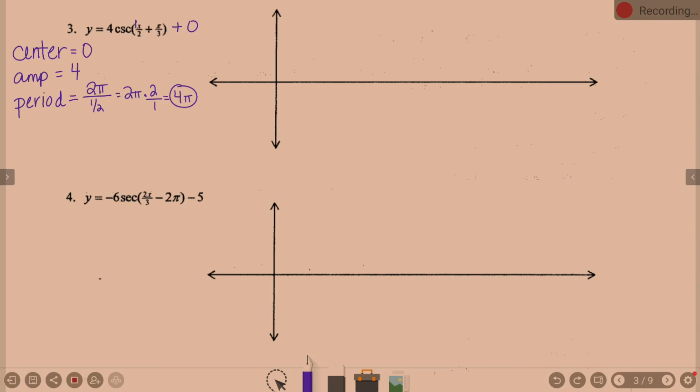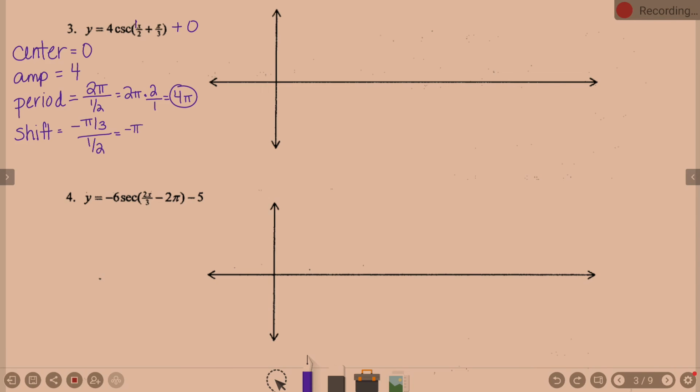We don't need a bunch of space on this one. Phase shift. Phase shift is C over B, opposite the sign, so it's going to be negative pi over 3 divided by 1/2.